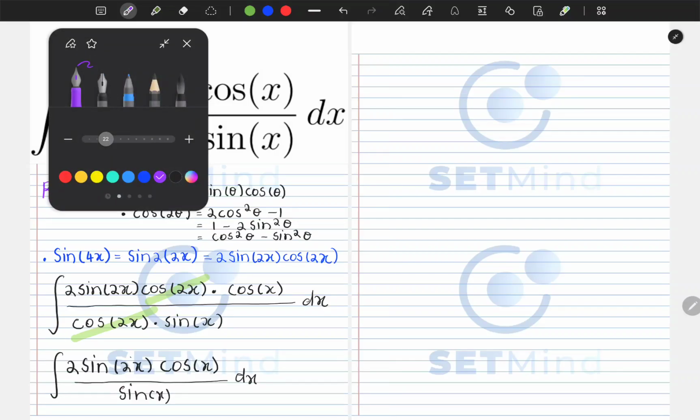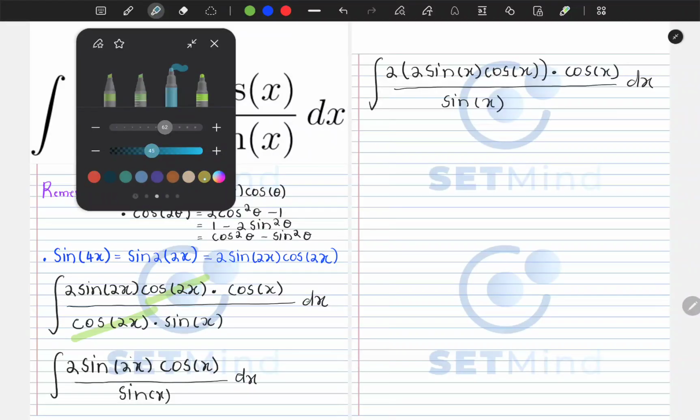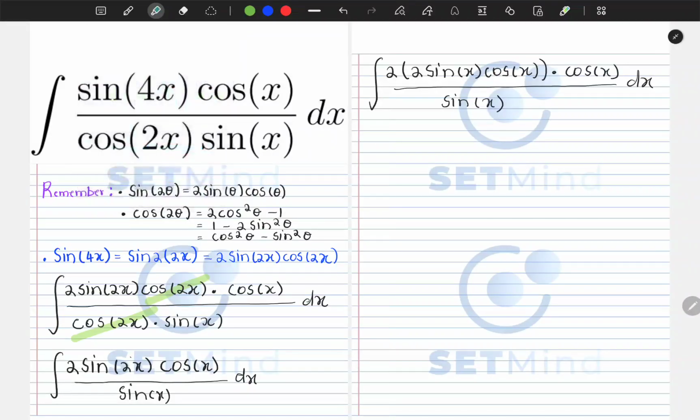But when we look at the sine on the numerator, we can still expand that sine of 2x. When you use the double angle identity, it will be 2 sine of x cos of x, then multiplied by cos of x, and this is divided by sine of x dx.